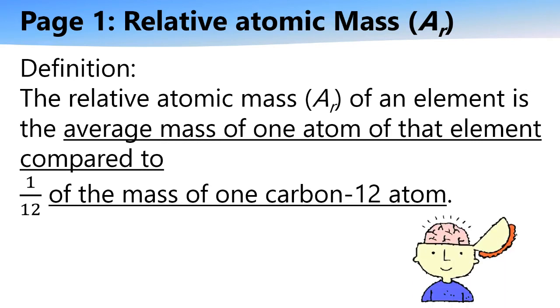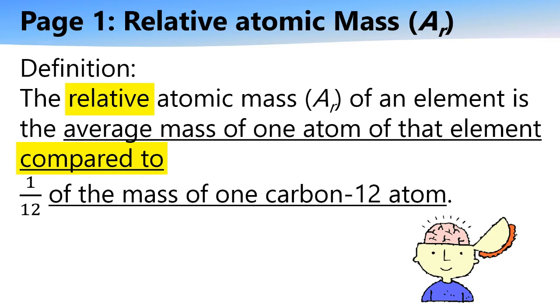This definition you would need to memorize. Here the standard that we are measuring against is 1/12 of the mass of one carbon atom. It is quite easy to get because carbon is quite abundant. And something to note, why is it called relative? It's because we are comparing it to 1/12 of the mass of one carbon-12 atom.